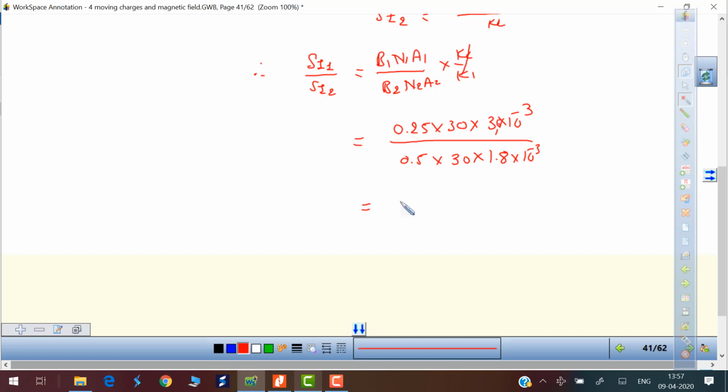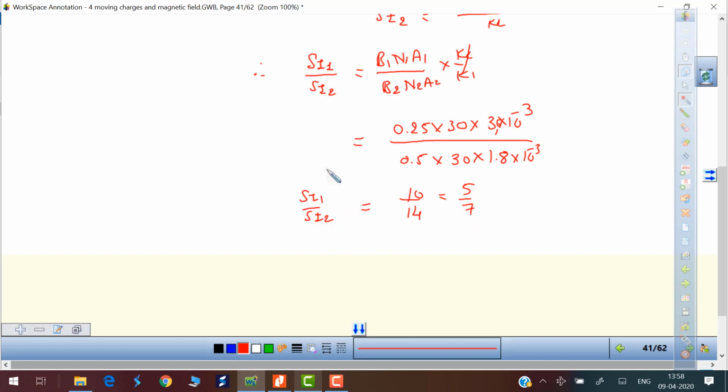If you simplify, you are getting 1.4. So this is your first answer, SI1 upon SI2, 1 upon 1.4. You will get 10 upon 14, so you will get 5 by 7.